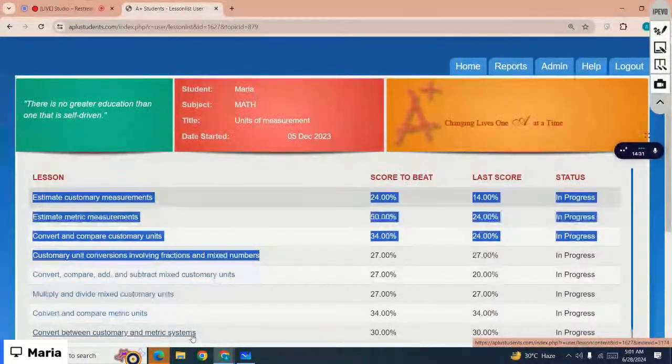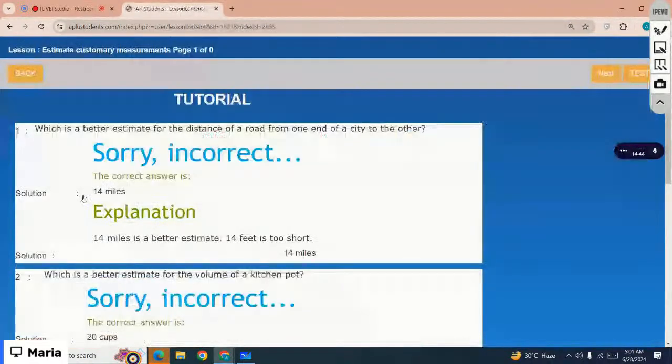Here I'm on grade 6 math. Let's just start with the chapter unit of measurement. Let's just start with the first lesson, that is estimate customary measurements. Which is a better estimate for the distance of a road from one end of a city to the other?